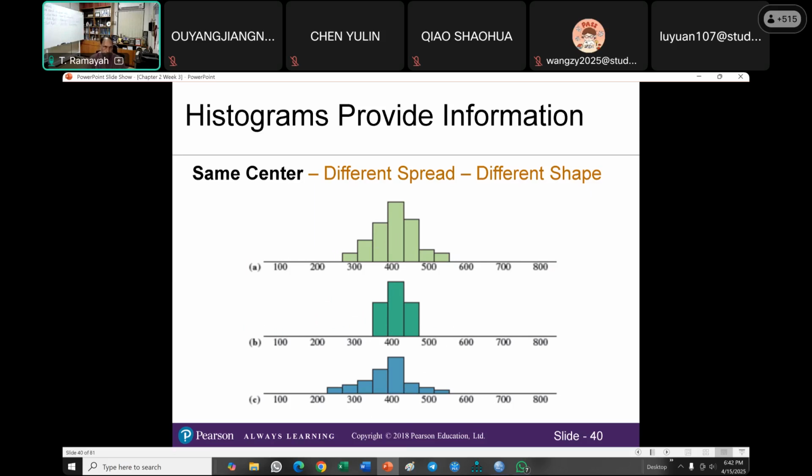So here the center is the same, but you have different spread. Spread means how flat or how peaked they are, and also the shape. Is it mesokurtic, platykurtic? Later we will look at it. So these are some of the information that you will get once you develop a histogram.